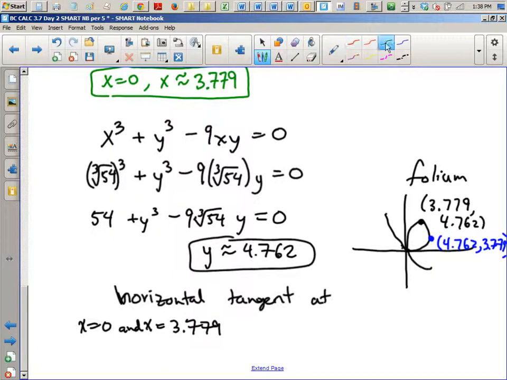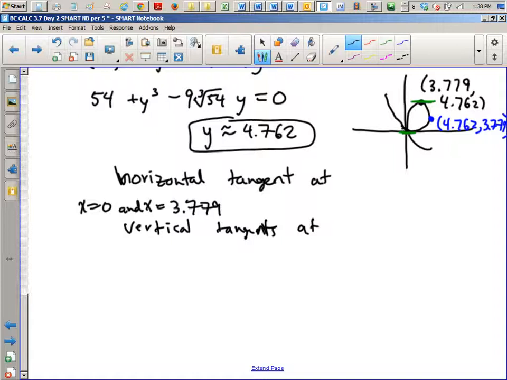So these are the two green lines. And then vertical tangents are at, and then we'll just use the 4.762. So x is 0 and x equals 4.762. And that's the answer. It's a tough problem. It's a really difficult problem.